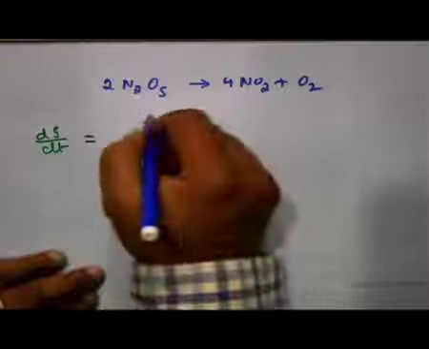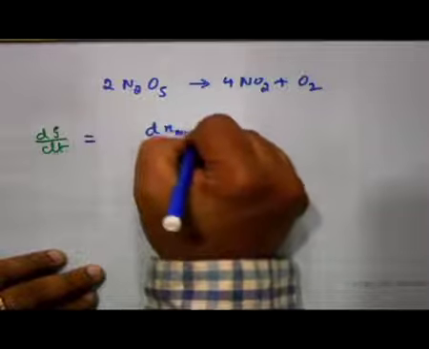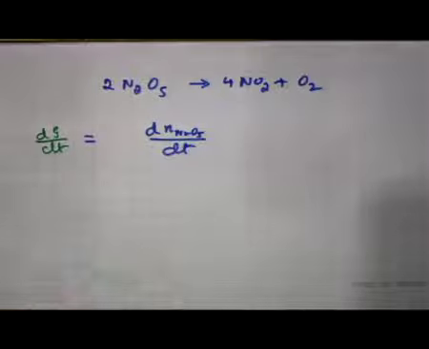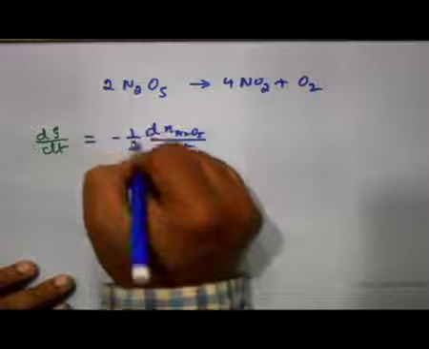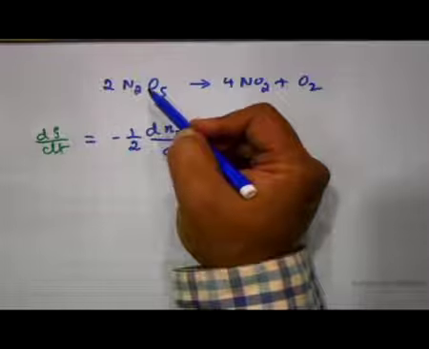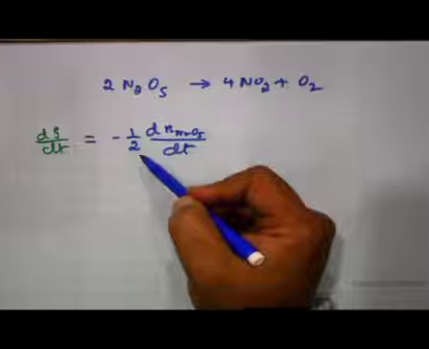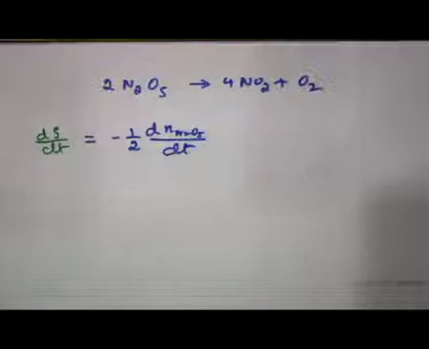The reactant is d number of moles of N2O5 over d of t. It should be associated with its corresponding stoichiometric coefficient, but with a negative sign. What is that? I write it is minus 1 by 2. Why? Because this 2 is the corresponding stoichiometric coefficient of N2O5, and N2O5 has to be associated with a negative quantity. So, that is what I have out here.